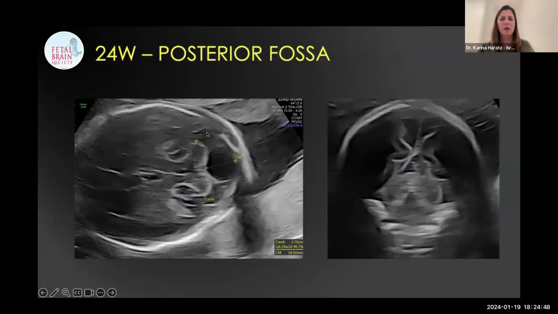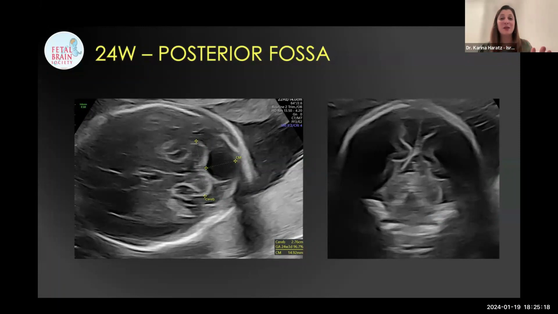But then we go back to what we have overlooked, and we see our molar tooth here. Okay, here, but Karina, you wrote the paper. Did you overlook? Okay. We wrote this finding in our report, but we didn't give the proper attention. If we go coronal, we see the downslanting cerebellar hemispheres. So this is Joubert, okay, or Joubert feature.